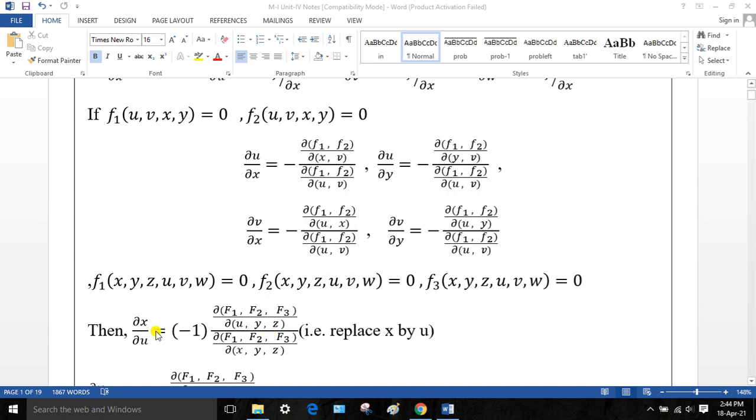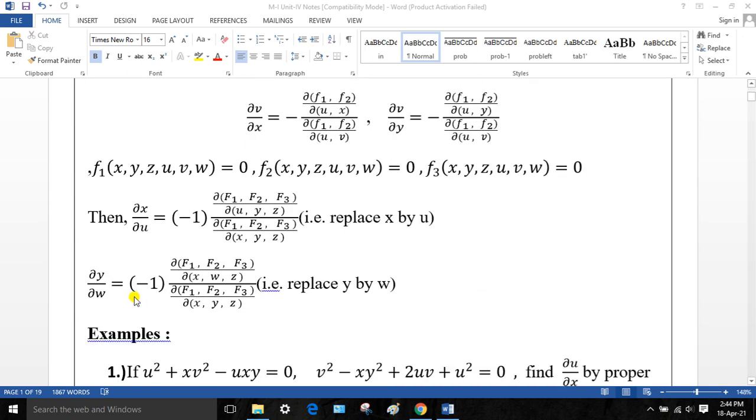But when there are three functions now, f1, f2 and f3. Now there are three functions. Same logic again we are applying. If I have to find del x by del u, again the negative sign is common. Then the entry of three functions now, that is del f1, f2, f3. This is common. Now I have to write the denominator. दोनों को अभी denominator लिखना है.